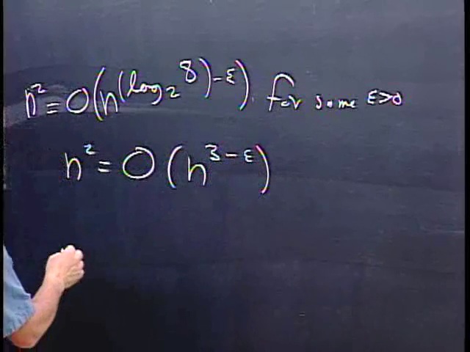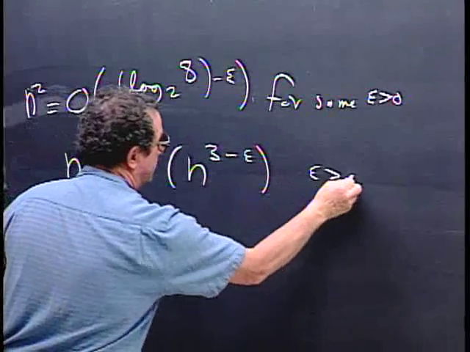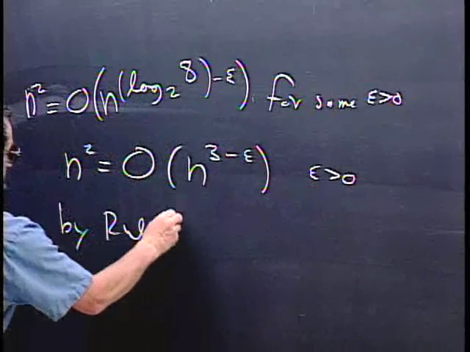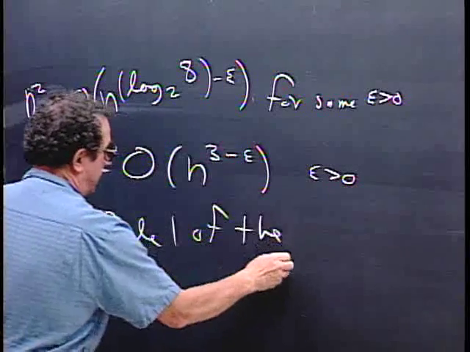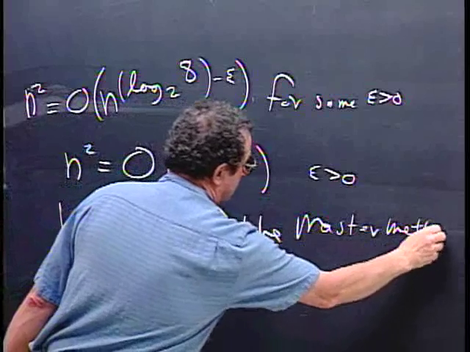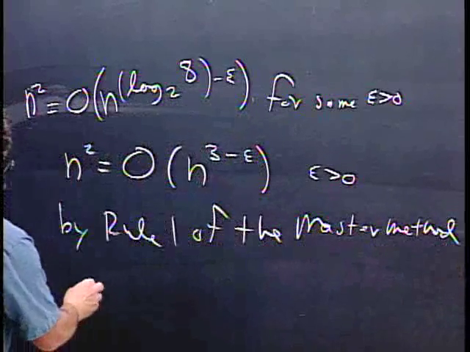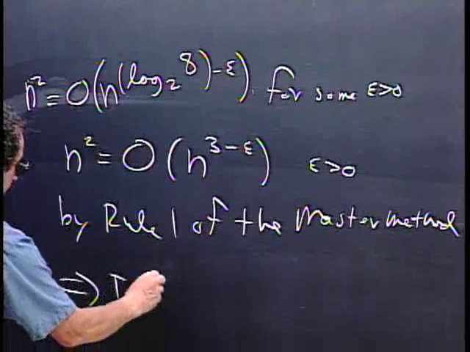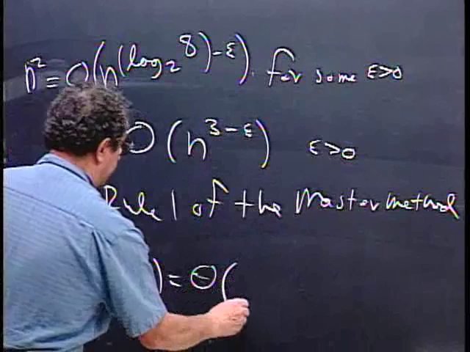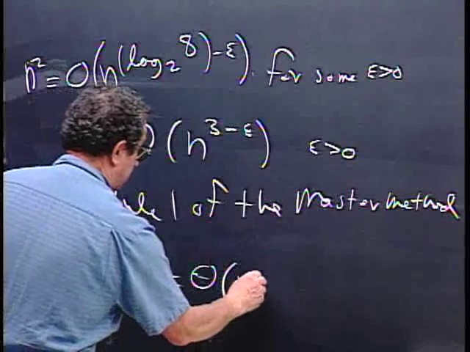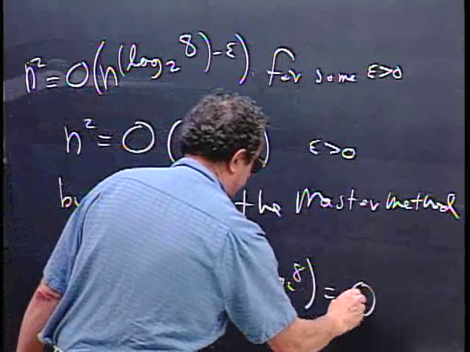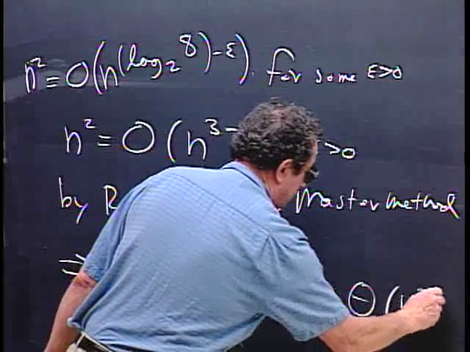And by rule 1 of the master method, this implies that T of n is equal to theta of n to the log base 2 of 8, which means theta of n cubed.